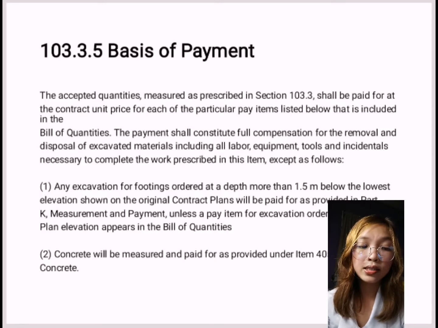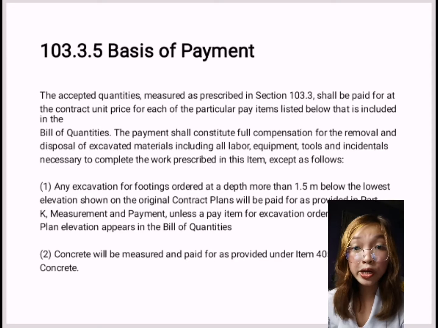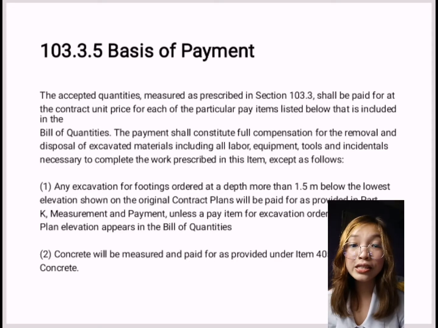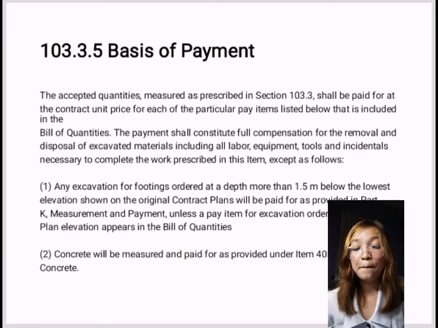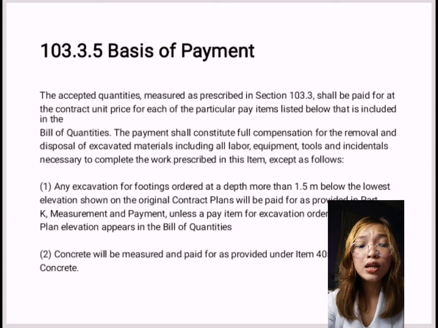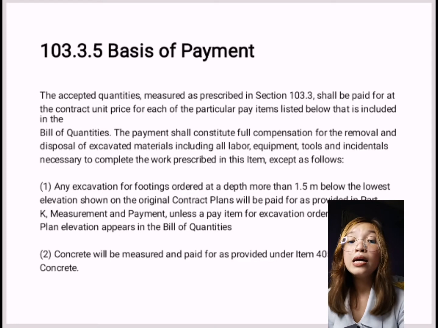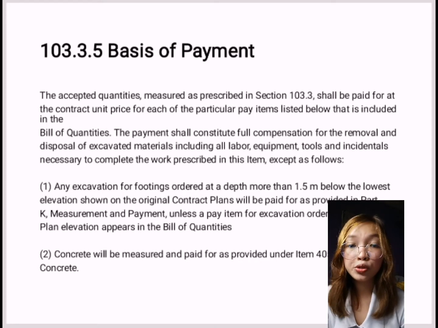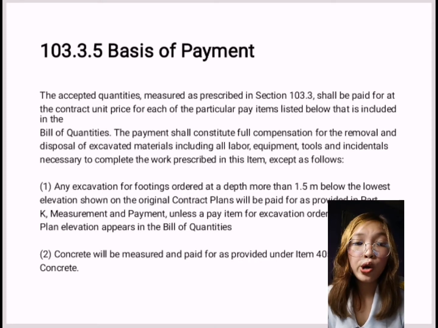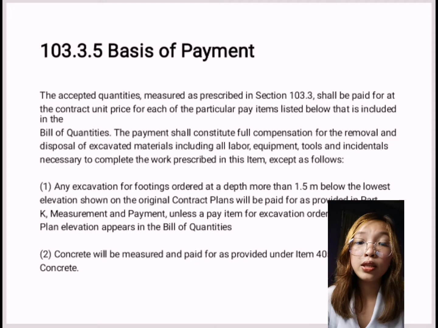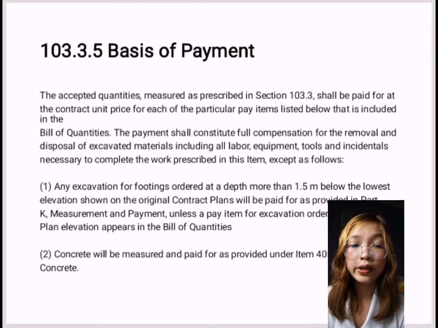And next is item 103.3.5, which is the basis of payment. So the accepted quantities measured as prescribed in section 103.3 shall be paid for at the contract unit price for each of the particular pay items listed below that is included in the bill of quantities.